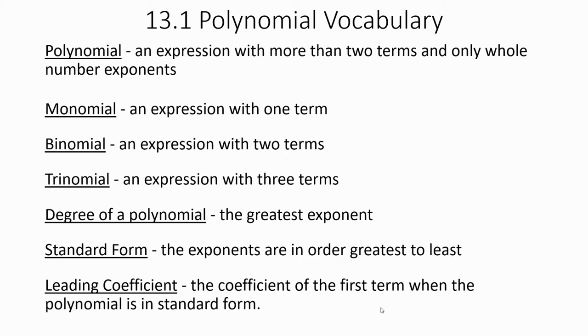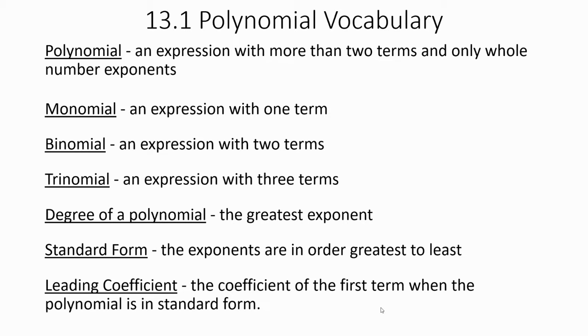and they are going to be a constant or a variable. Terms can include multiplication and division, and they're separated by addition or subtraction. So a polynomial is any expression with more than two terms and only whole number exponents. You can't have a variable in the exponent, that would not be a polynomial, and you can't have negative exponents.